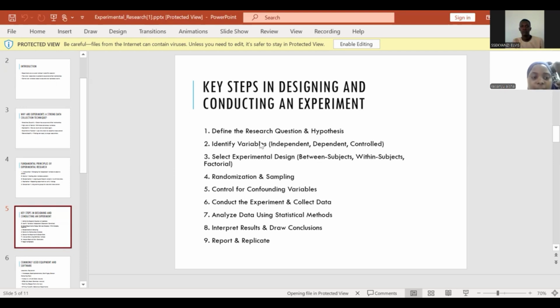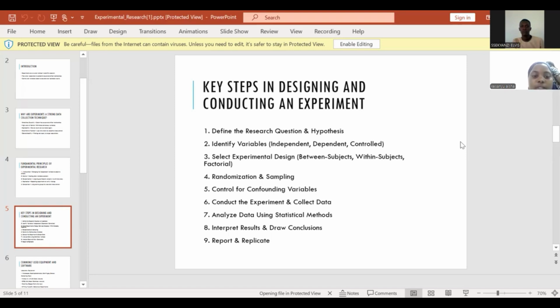And another thing, you select an experimental design. After selecting the experimental design, this is between subjects, within subjects, and factorial. So another thing is you do some sampling, like you bring out different tests when you're carrying out an experiment, so that you see what tests very well.